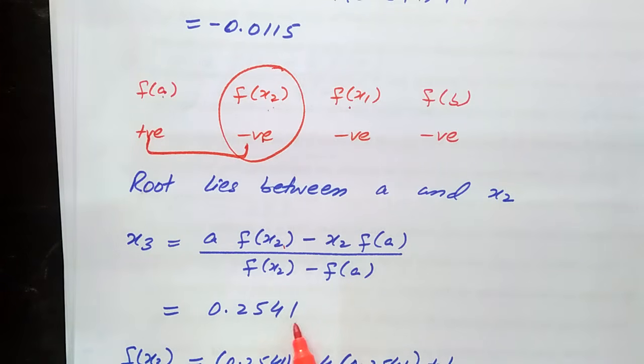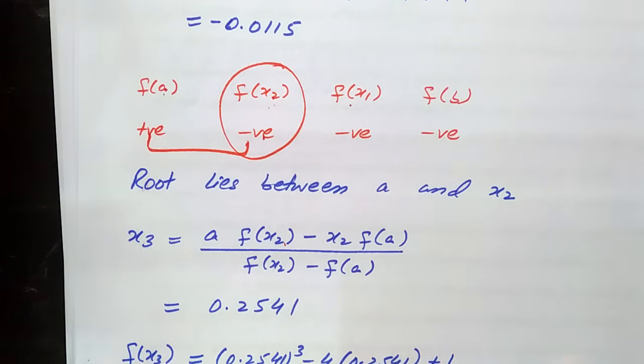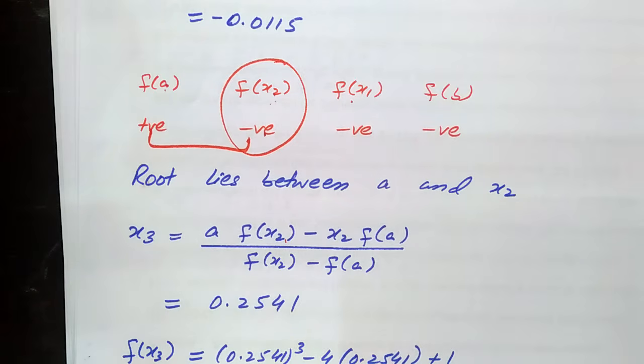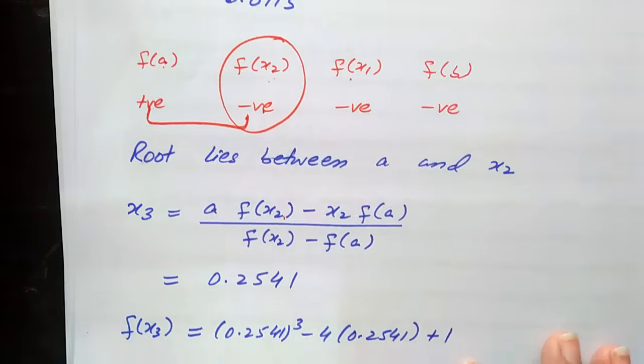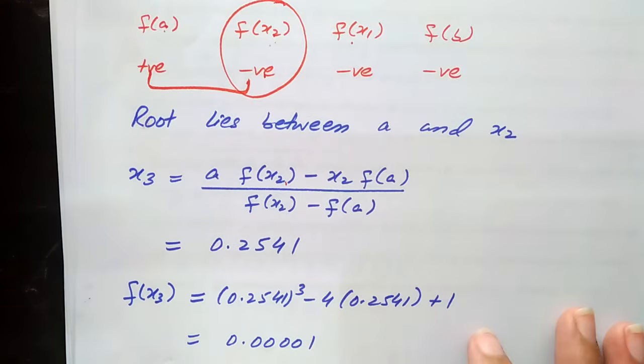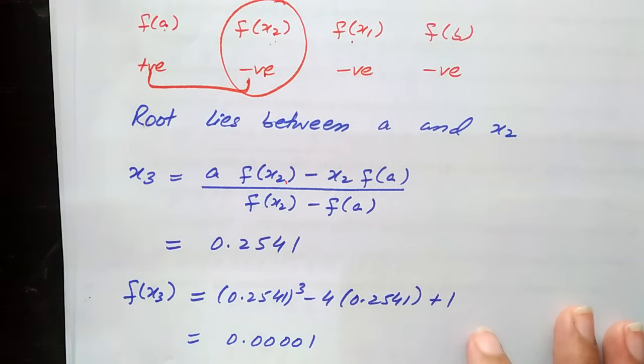I got 0.2541. I will calculate the approximate values until my root is repeated up to 3 decimal places, as mentioned in the question. So I will continue this process until I get a repeated root up to 3 decimal places.